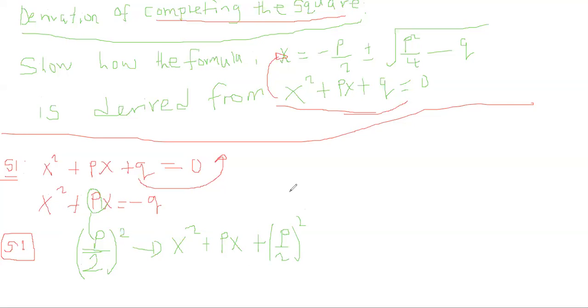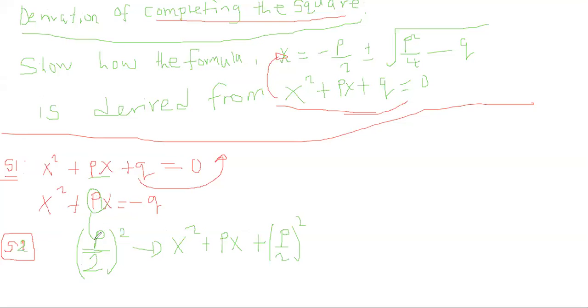Let's pay attention. These things can get tricky. I'm starting from step 2. First, the coefficient of the linear component plays a very important role when it comes to completing the square, and the coefficient there is p. So this p, you bring it down here.